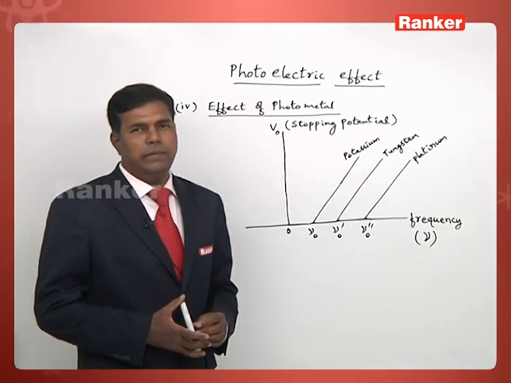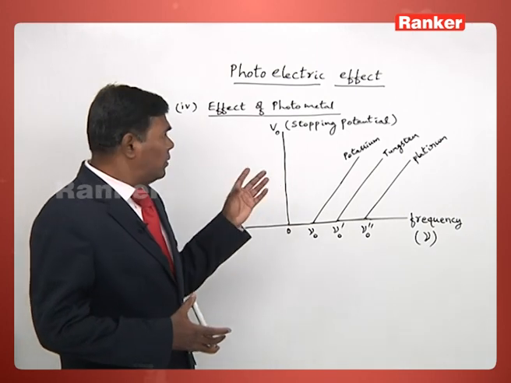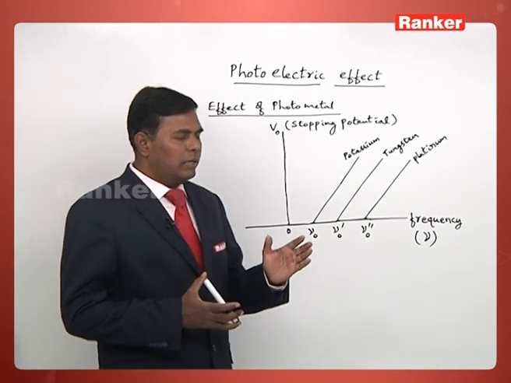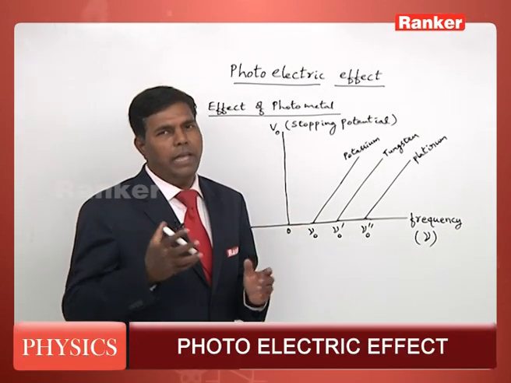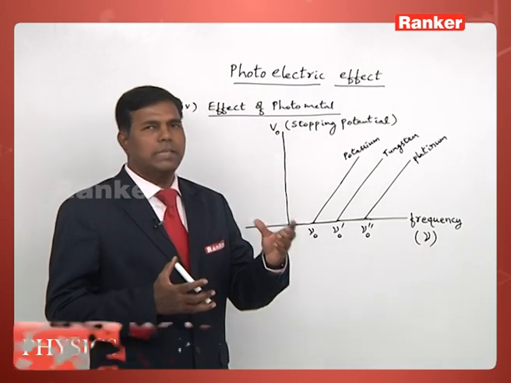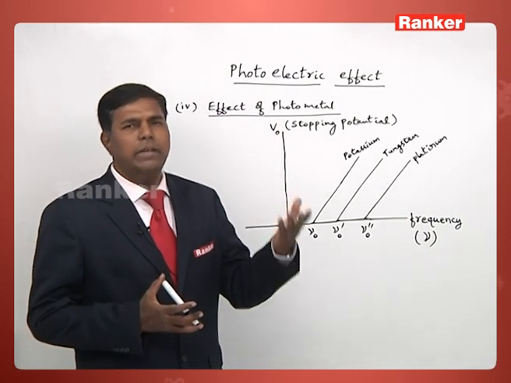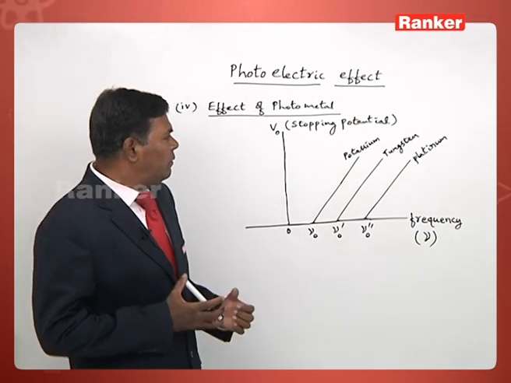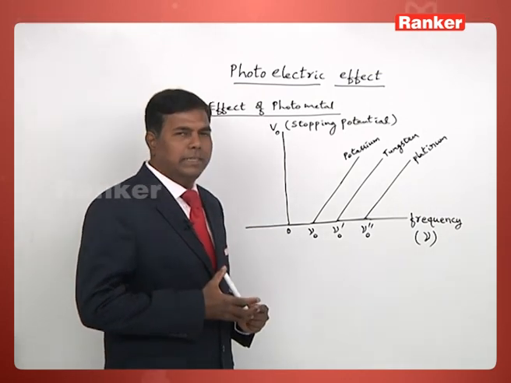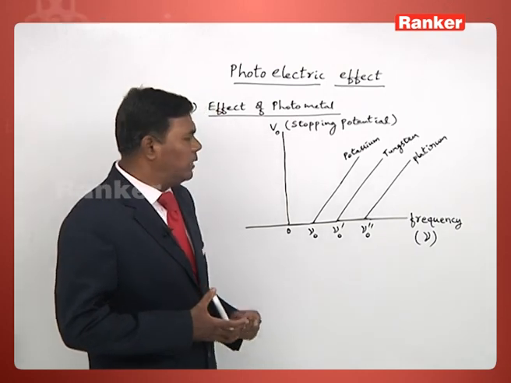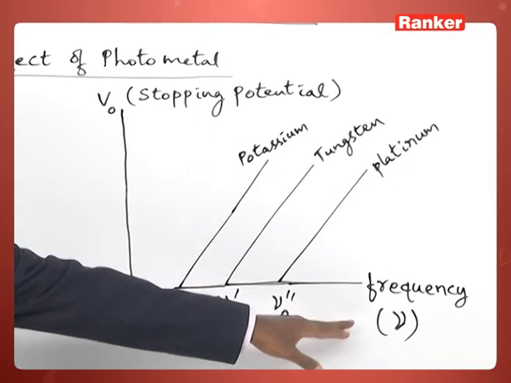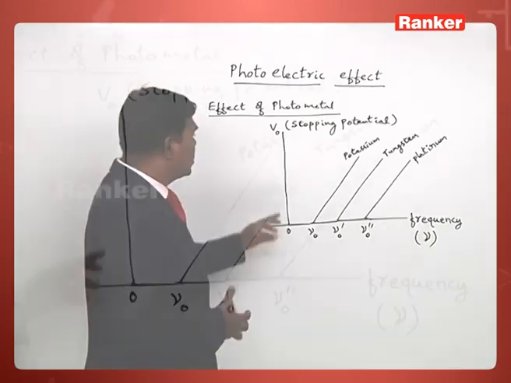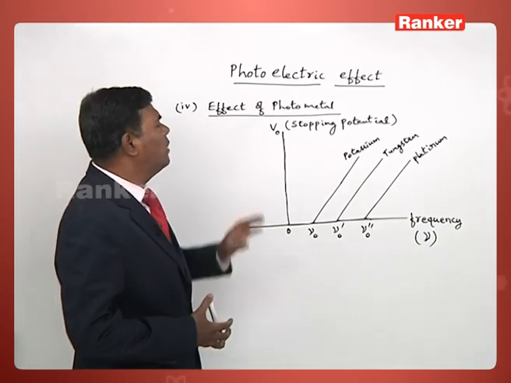Now, we will see the effect of photometal in the photoelectric effect experiment. In that experiment we are using a metal plate for cathode and anode. Suppose you replace that cathode metal plate with different metals, then what happens? With various metals the experiment is conducted, and a graph is plotted between the frequency of incident radiation on the x-axis and the stopping potential on the y-axis.